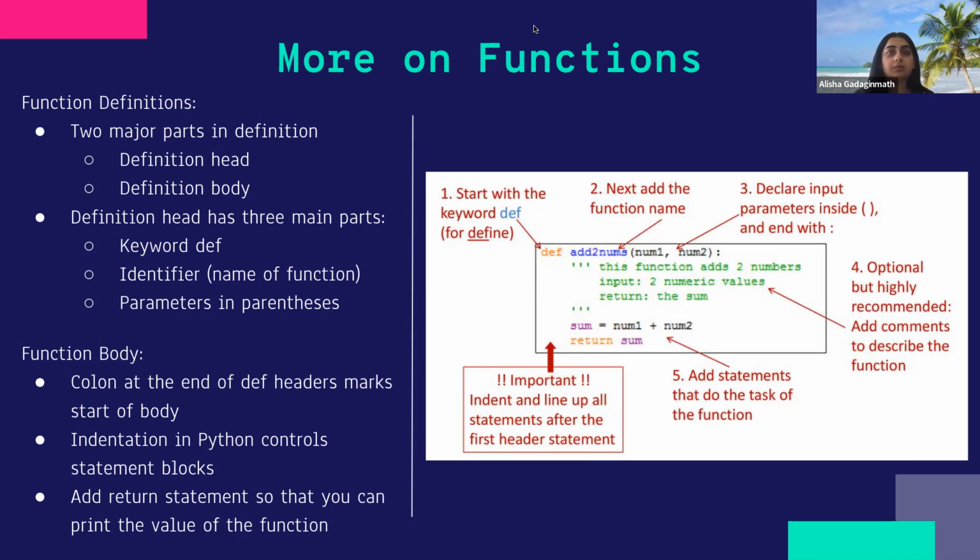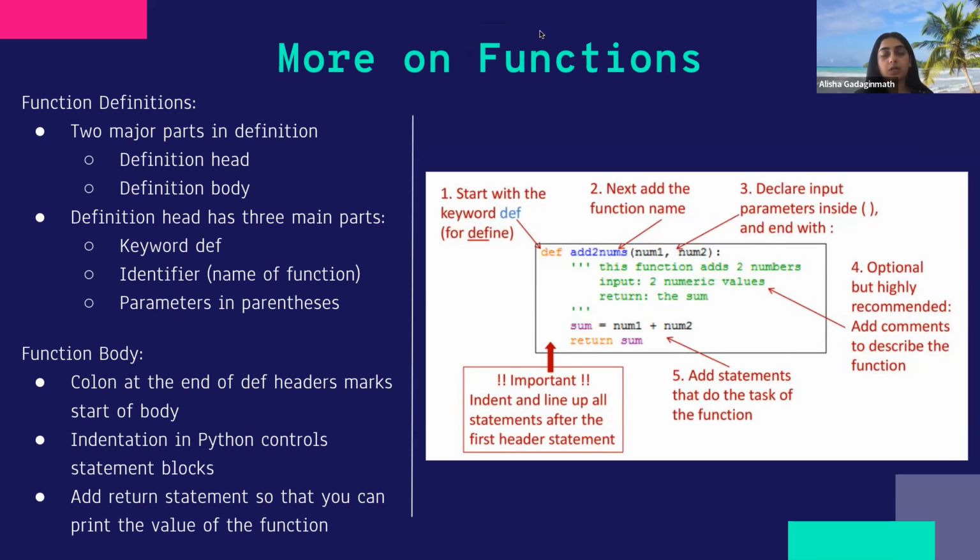In the example shown, the definition head starts with the keyword def, and then the identifier is add2nums, and then the parameters num1 and num2 are within parentheses, and the definition head ends with a colon. The function body or the definition body starts after the colon.